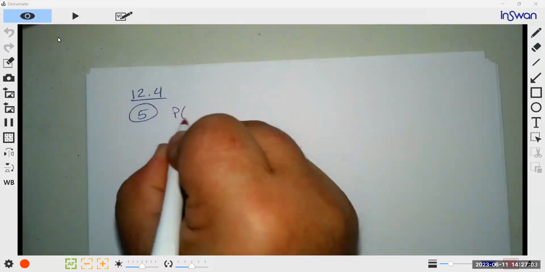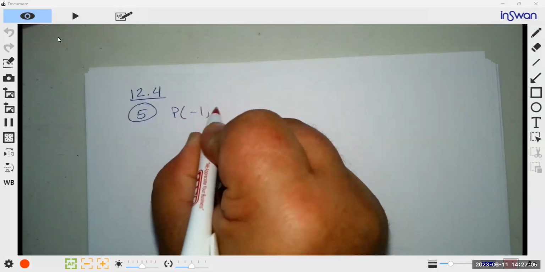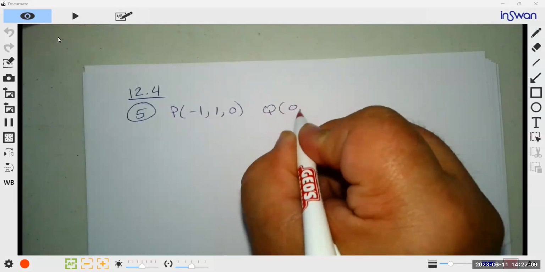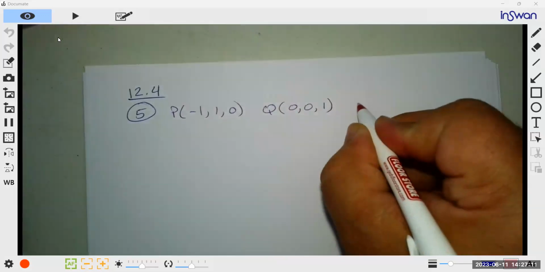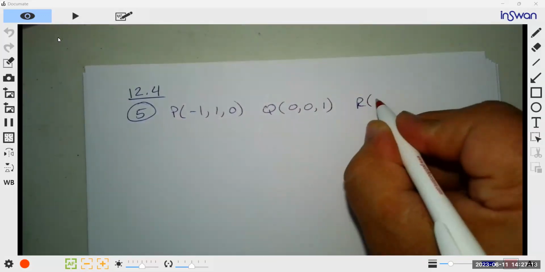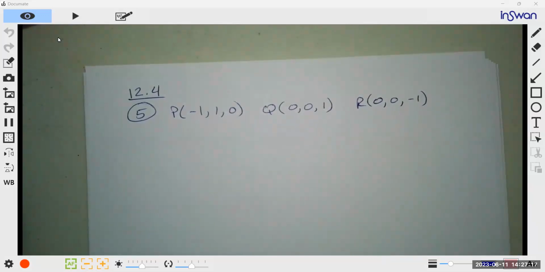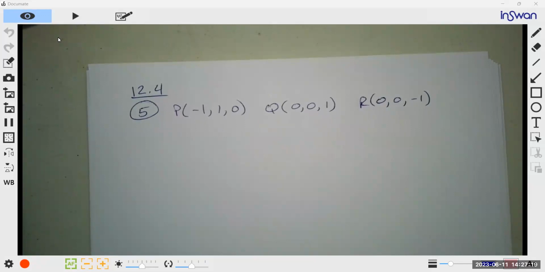So we have P, which is negative 1, 1, 0. Q, which is 0, 0, 1. And R, 0, 0, negative 1. 3 points on a triangle. Find the unit vector perpendicular to the plane PQR.